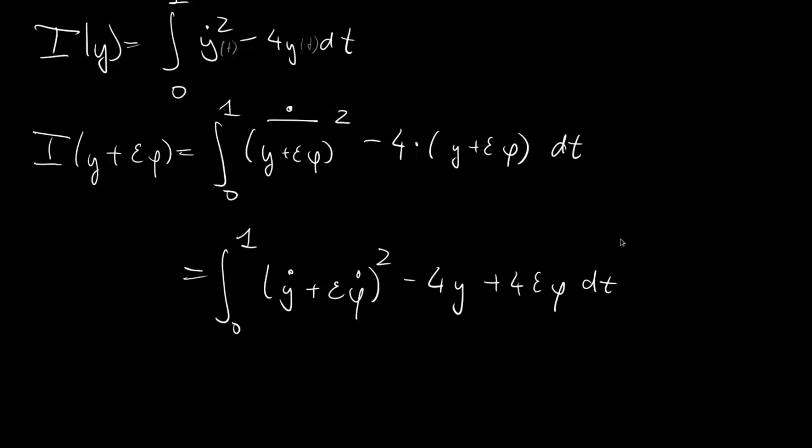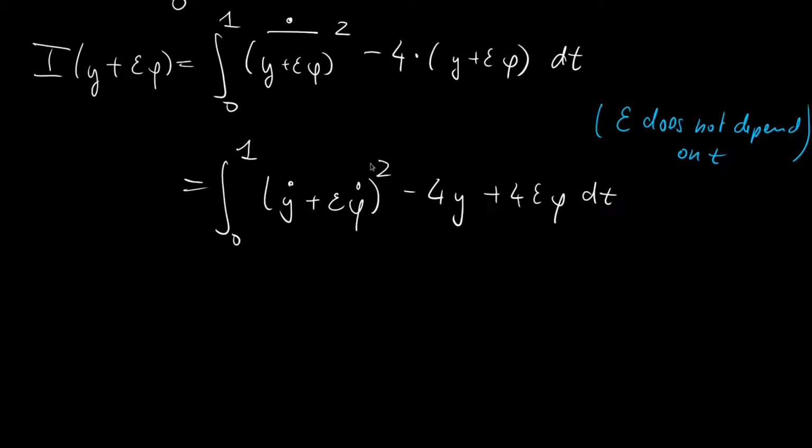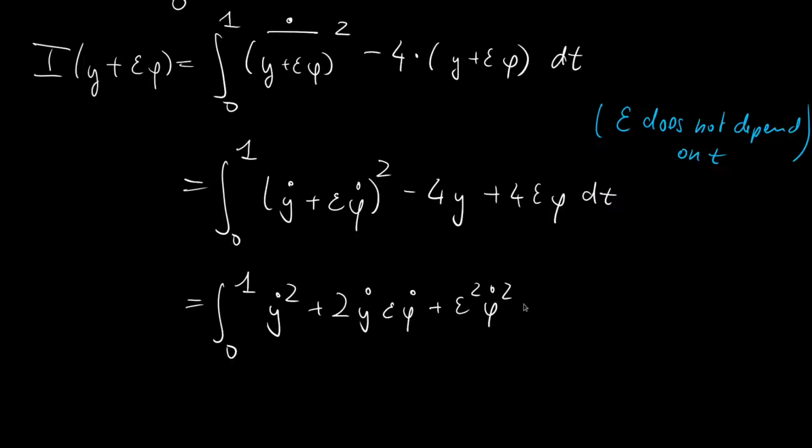And also let us note this down, epsilon does not depend on t. And then we can evaluate the square and get the integral from 0 to 1 over y prime square plus 2 times y prime epsilon phi prime, and then we have plus epsilon squared phi prime squared minus 4 times y plus 4 times epsilon phi dt.